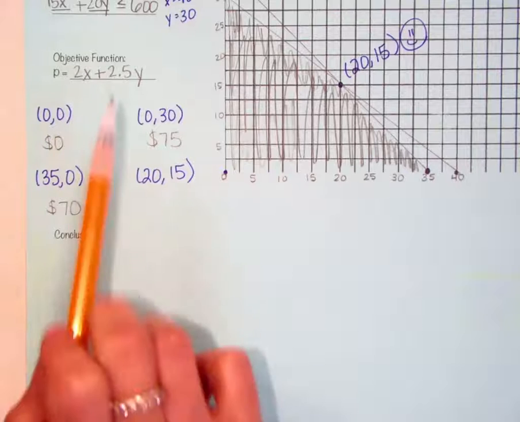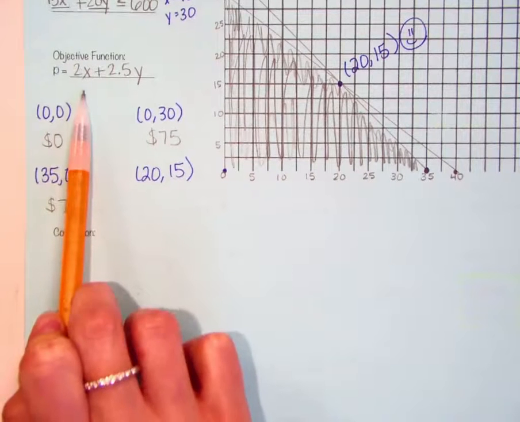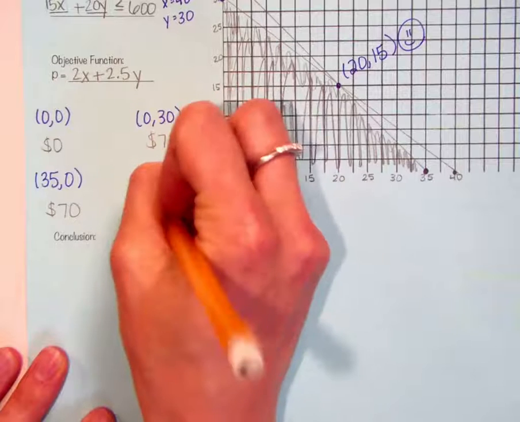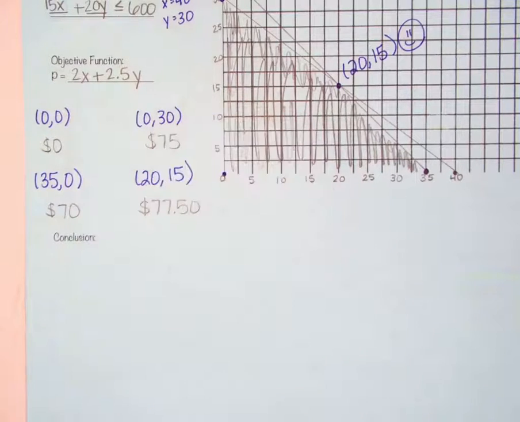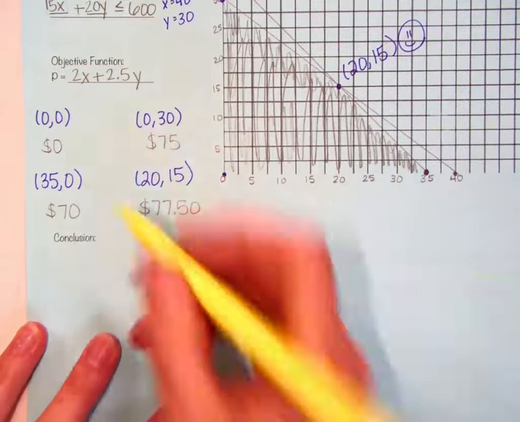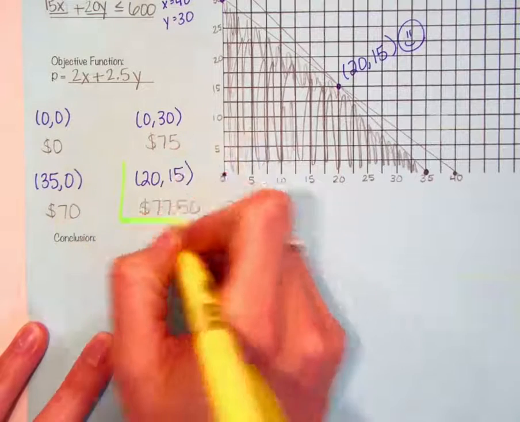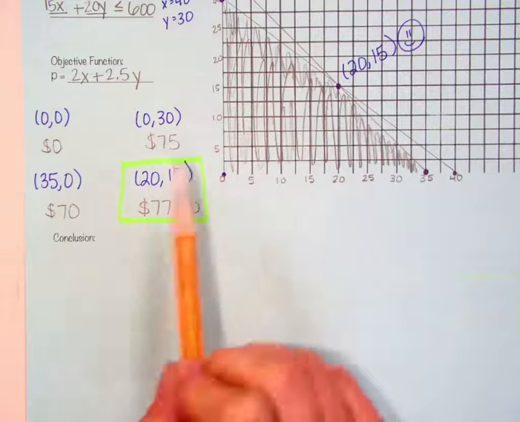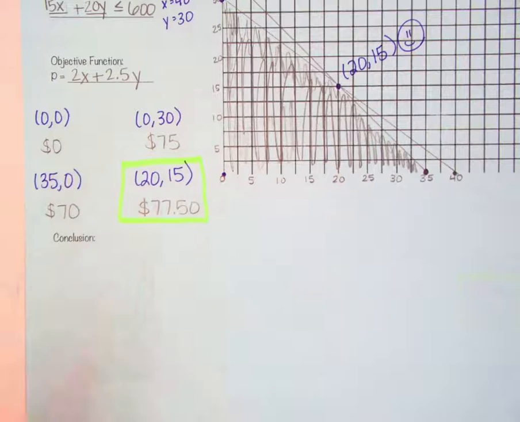And then 2 times 20 plus 2.5 times 15 is going to be 77.50. When I look at the situation that has the highest profit, this is where it is.